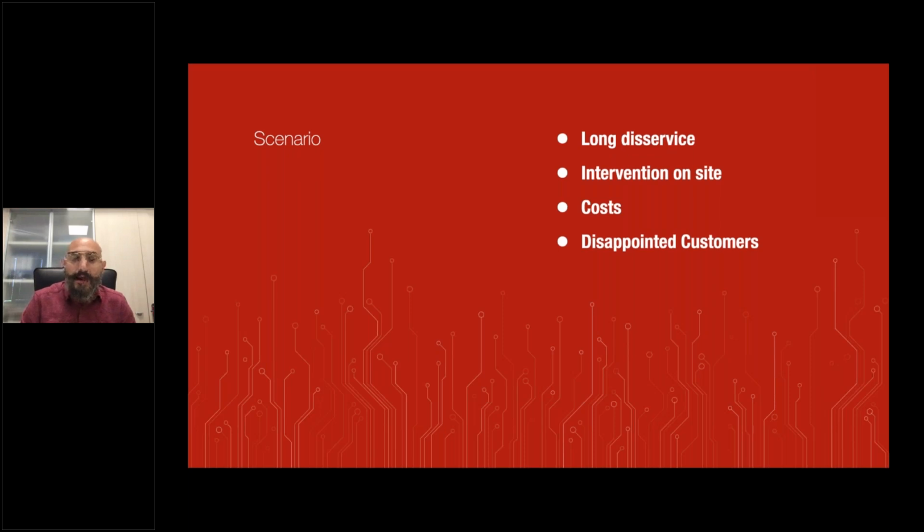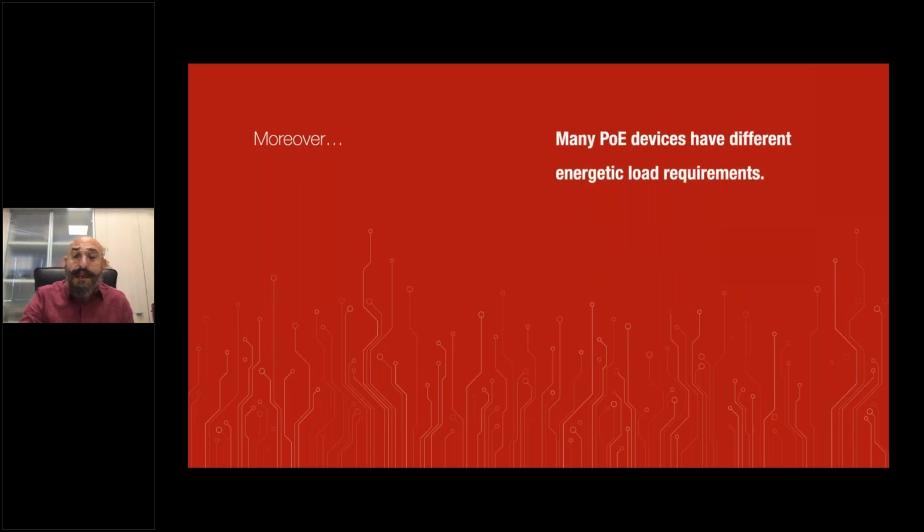You have to take your car and go to the tower, and there are a lot of costs to maintain these services. And of course, your customer will be very disappointed. So this is the scenario most WISPs and system integrators face in their activity.